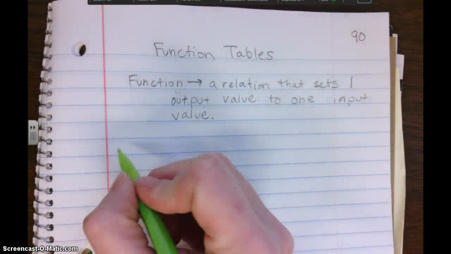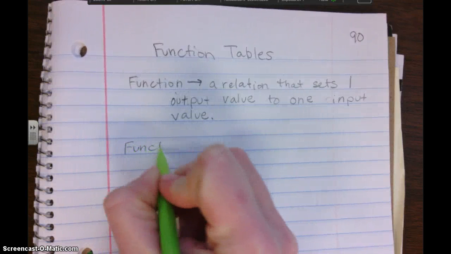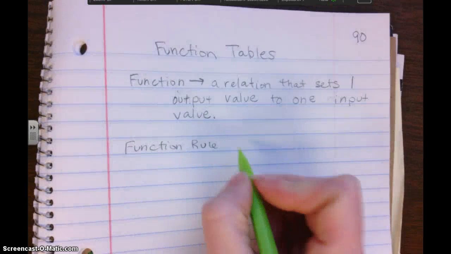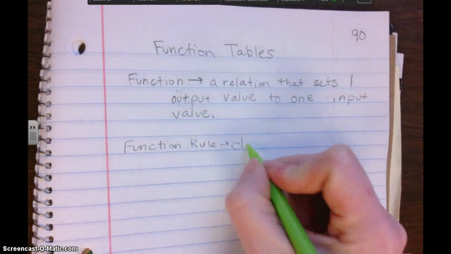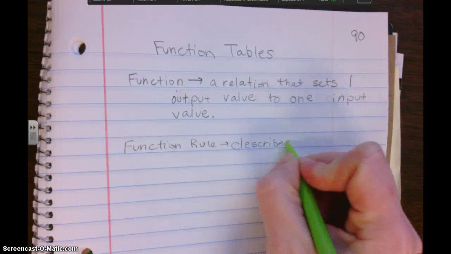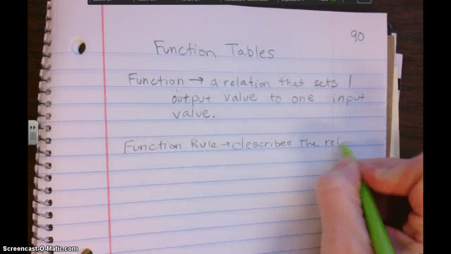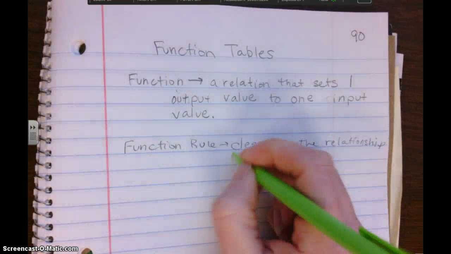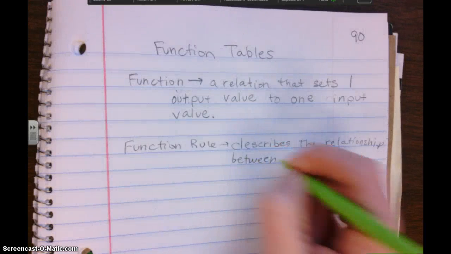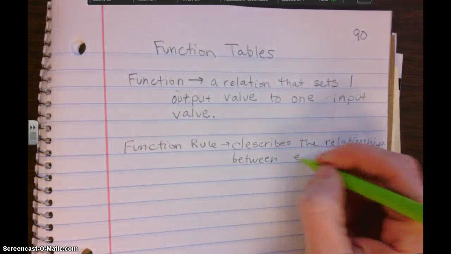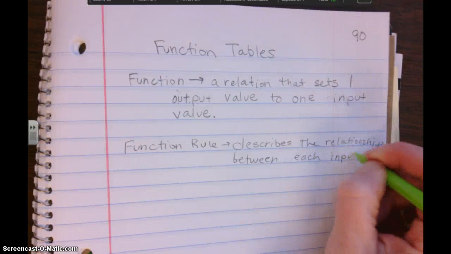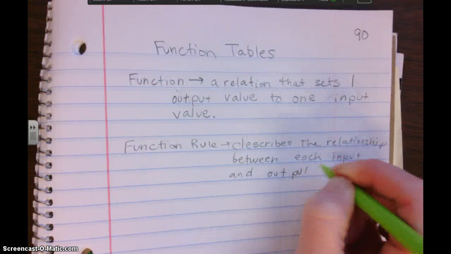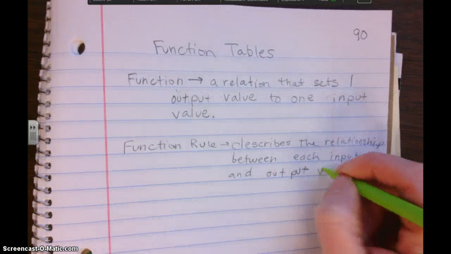Next, we're going to talk about the function rule. The function rule describes the relationship between each input and output value.